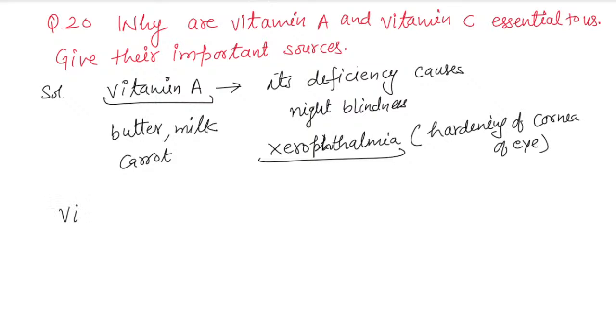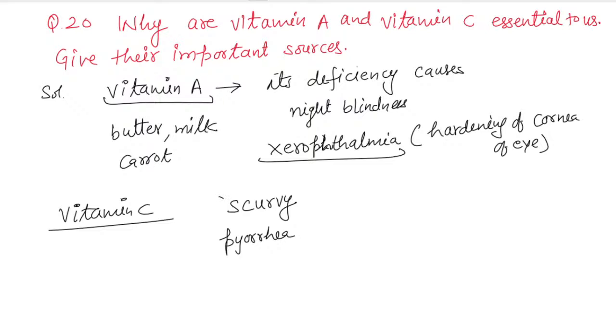And vitamin C is again essential to us because its deficiency causes scurvy. Everybody knows, I think, because it is in class 9th and 10th as well. Scurvy means bleeding gums or pyorrhea, that is loosening and bleeding of teeth.